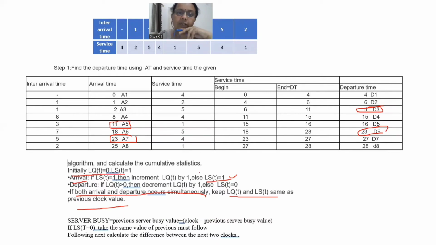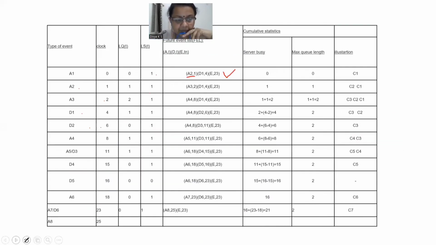This formula is not in the algorithm; I have written it for your ease. Now we'll see. First we start with 0, and next here.